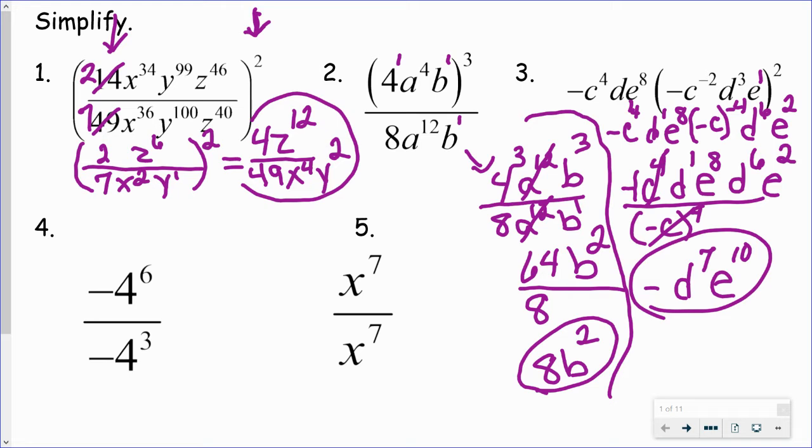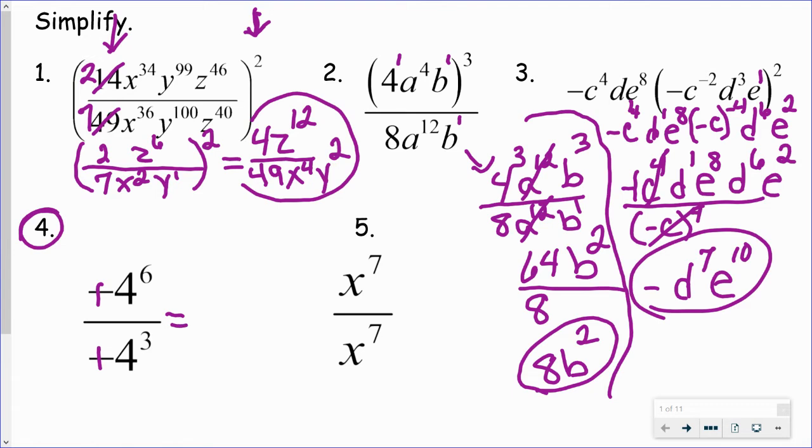Okay, now number 4, look at number 4. This becomes awesome fun because both of these negatives are out front of the number, but there's not parentheses, so it's not negative 4 times negative 4 times negative 4 six times, or 3 times on the bottom. That just really represents a negative over a negative, which is a positive.